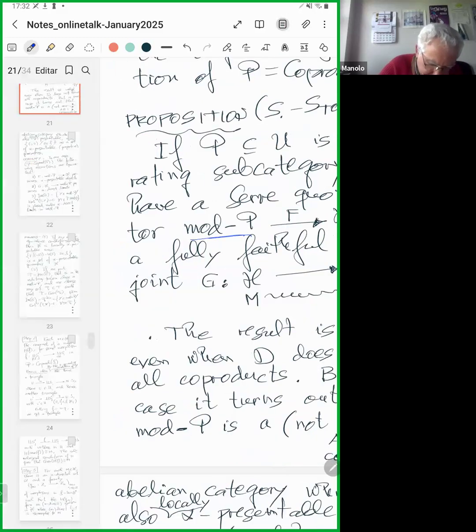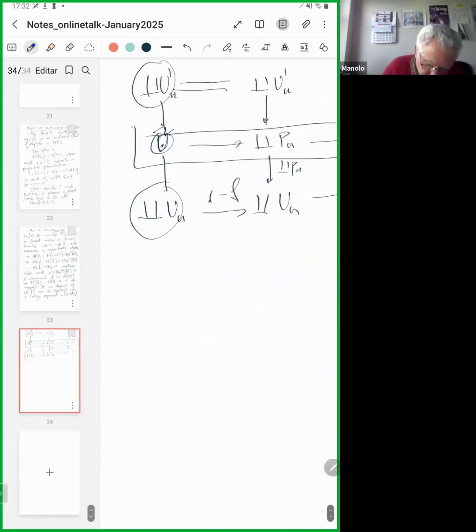So say this is included in the category of contravariant functors from P to Ab.